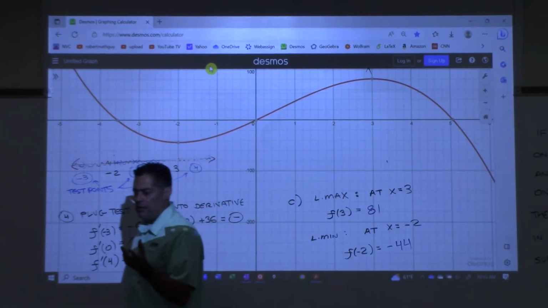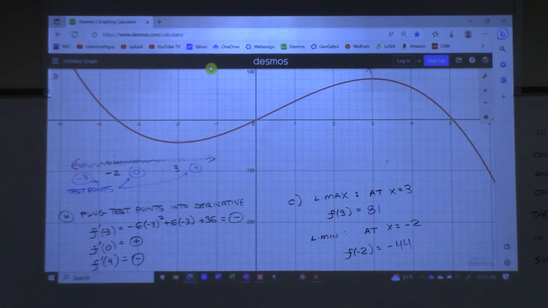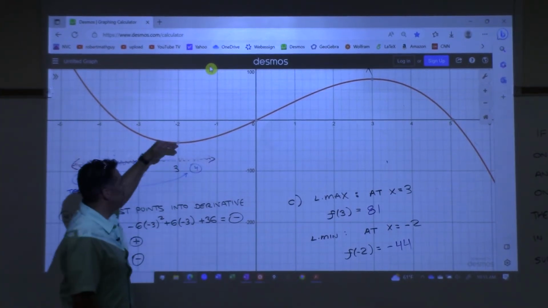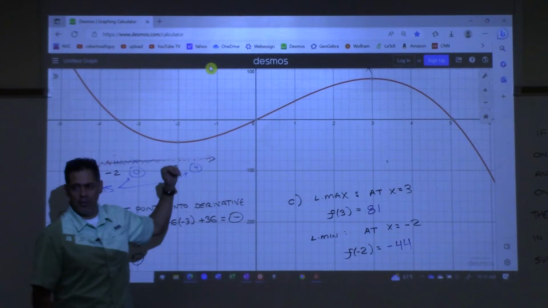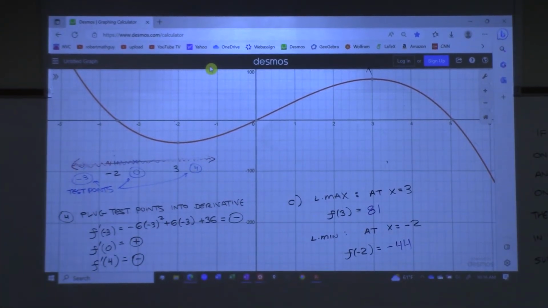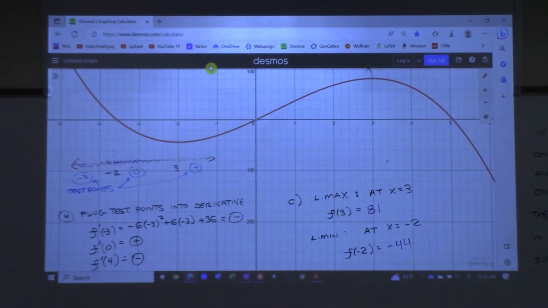Do y'all see how much information we can gather from the derivative? Like back in college algebra, when you were graphing polynomials, you never were able to find these lowest and highest points. You couldn't do it. You actually need the derivative to do that. And we're demonstrating that right now. Any questions?